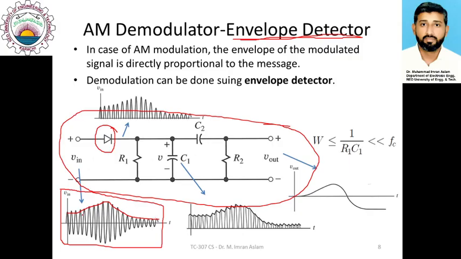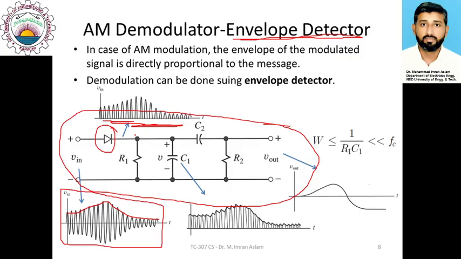Once this AM signal passes through this rectifier, which for this particular case is a diode, all the negative cycles would disappear, and you would end up with these positive cycles only.